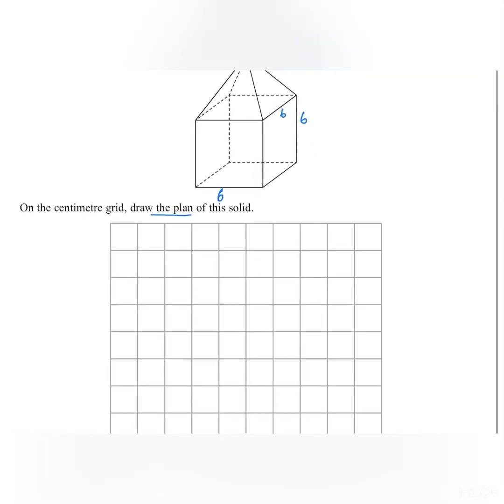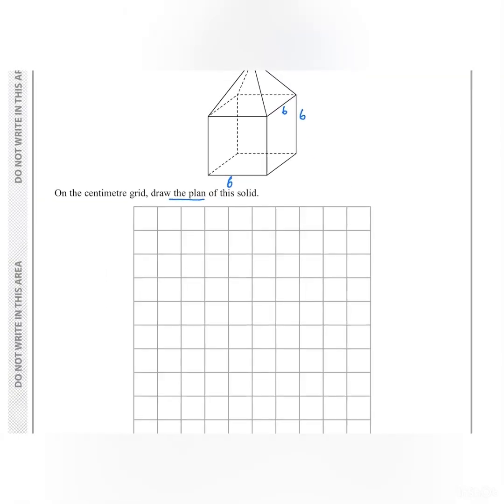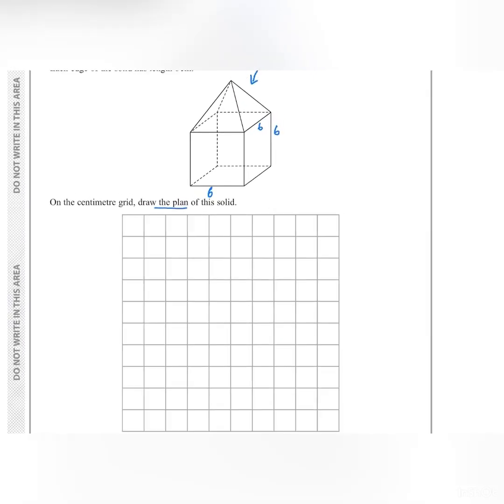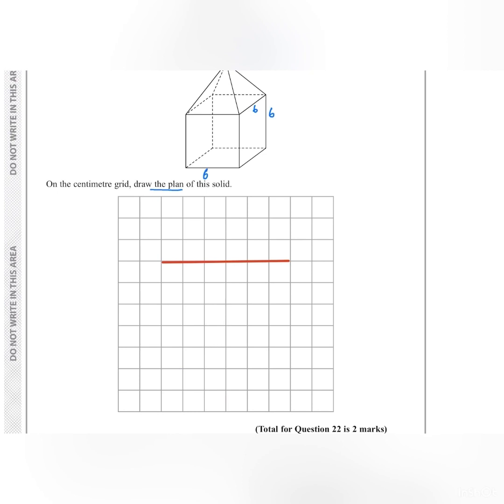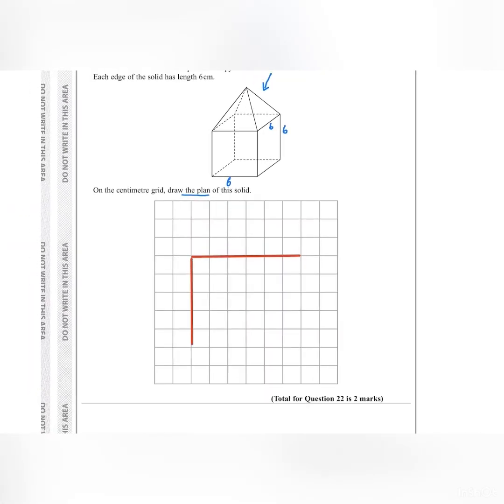Okay, so we're going to have a 6 by 6 square from the top. You can draw this literally anywhere on this grid as long as it's accurate. So 6, and we can go 6 down, 3 and 6. Okay, and so that will be the outside lines.